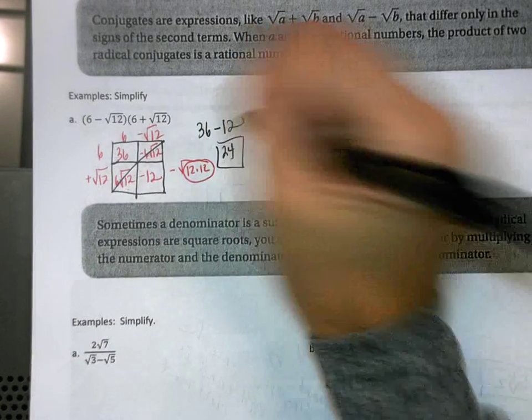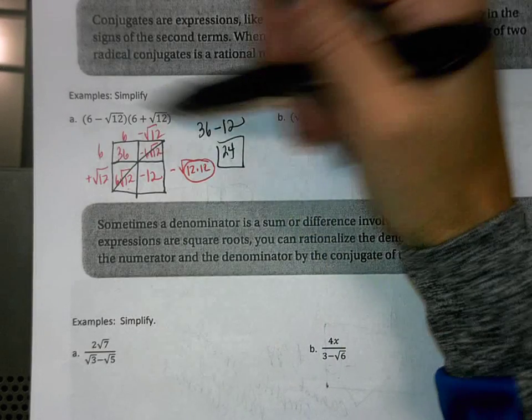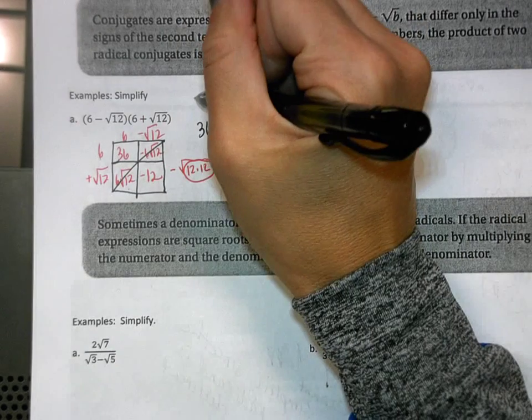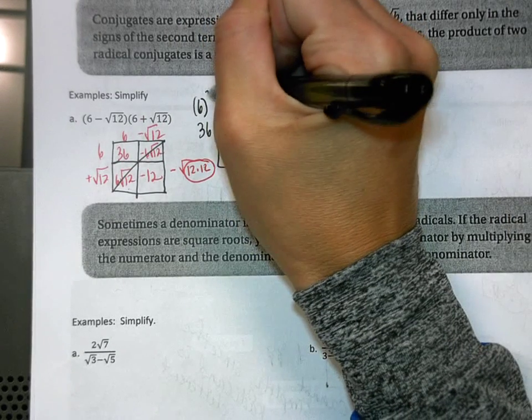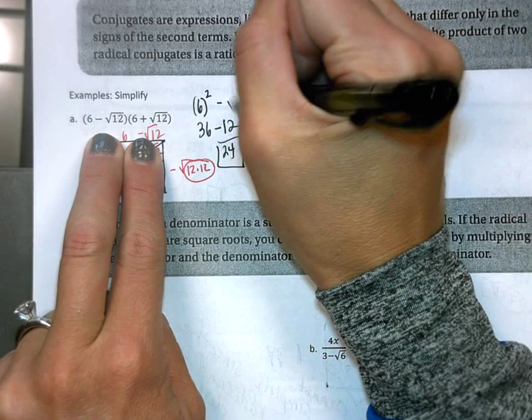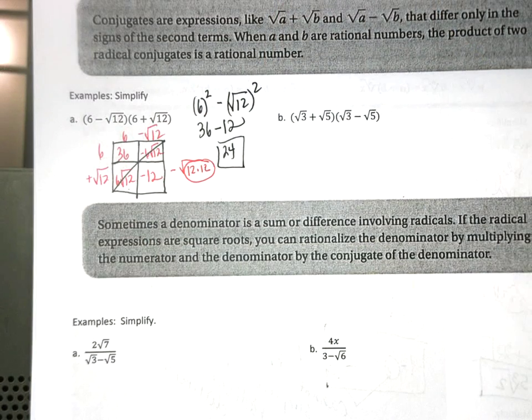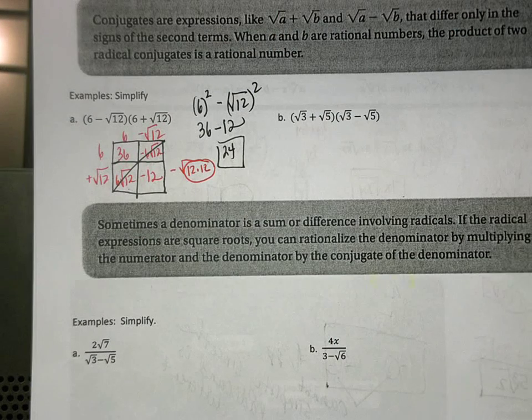Now, shortcut. Since these are differences of squares, this is really 6 squared, your first term squared, minus root 12 squared. And so if you look there, 6 squared is what? 36.